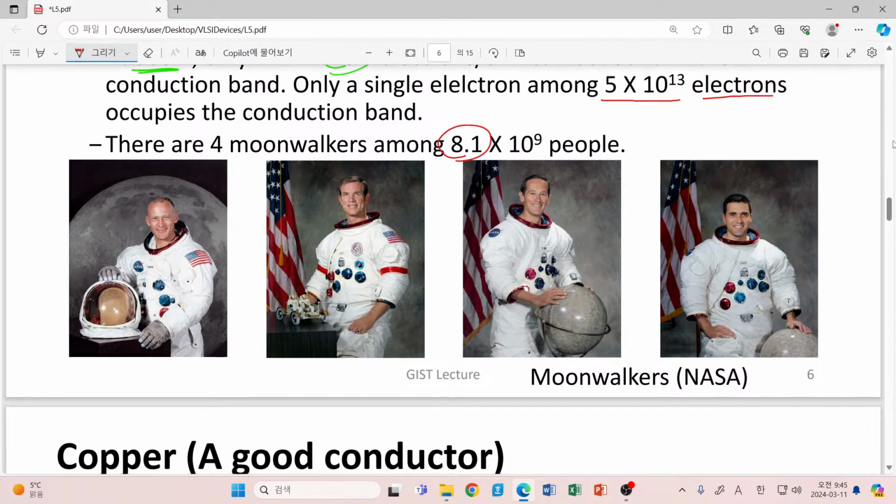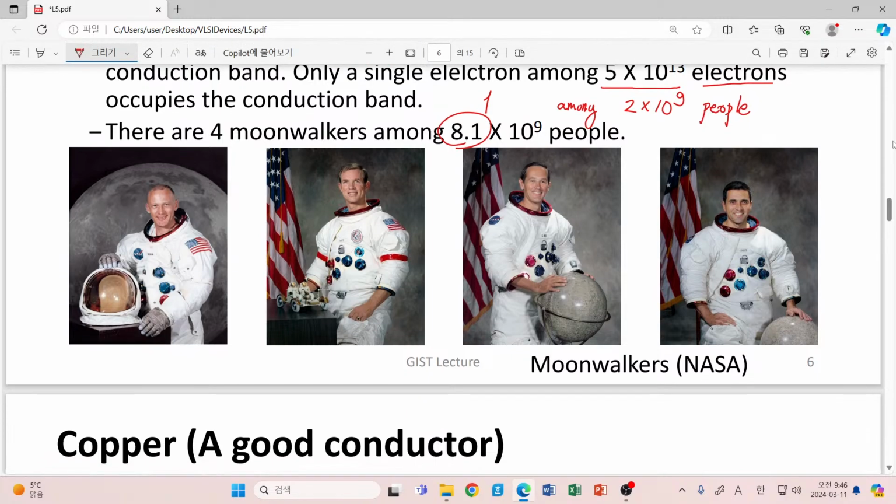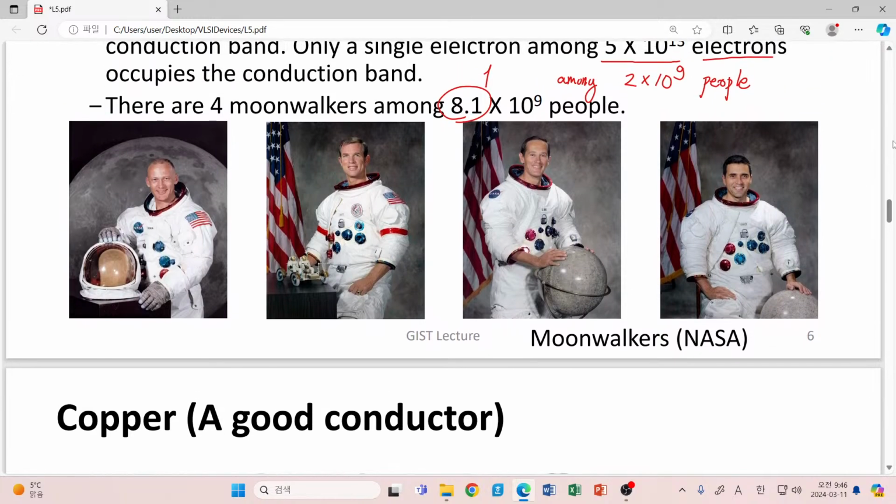So it means that only 1 among 2 times 10 to the 9 people is a moonwalker. Therefore, for silicon's electrons, the probability to be located in the conduction band is much lower than the probability to be a moonwalker. So this is really an extremely small probability.